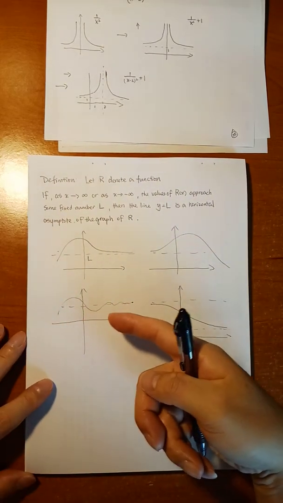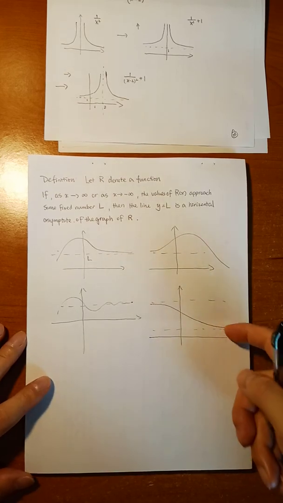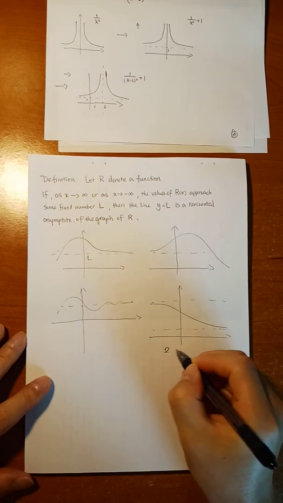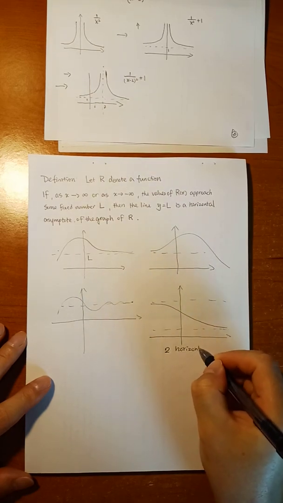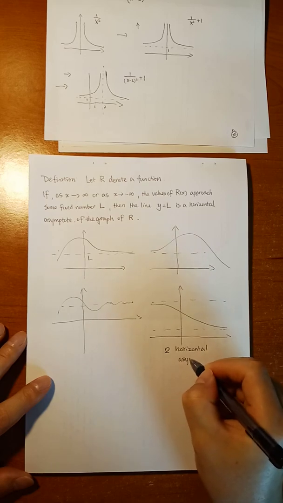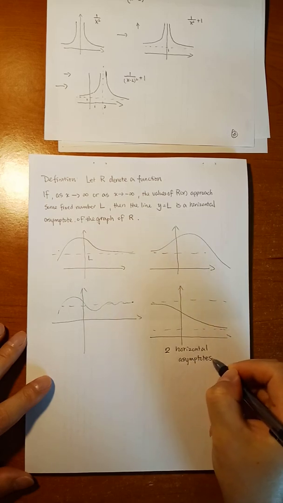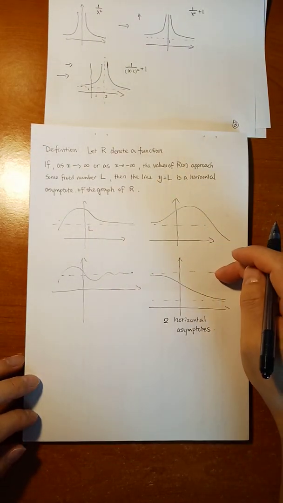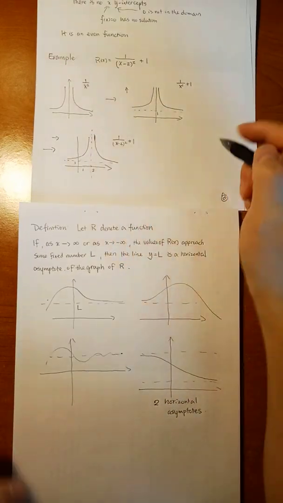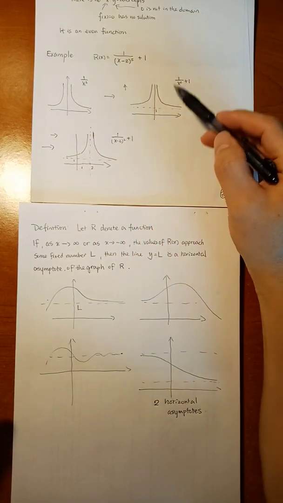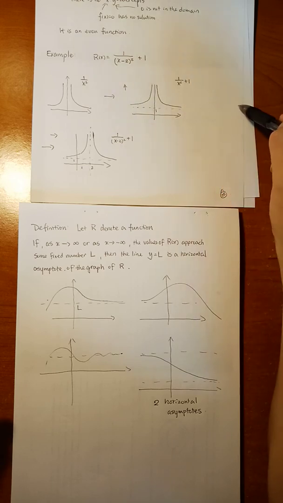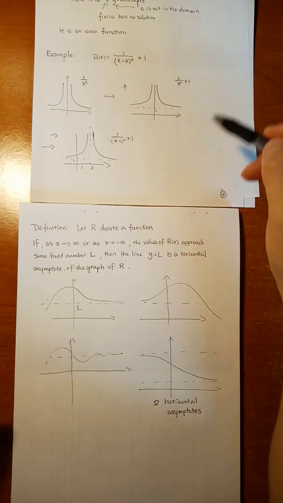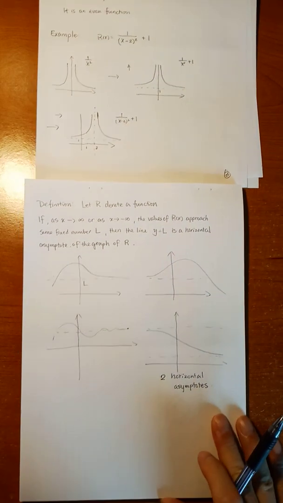To the left, you have one L. To the right, you have the other L. In this case, you will have two horizontal asymptotes. Here we just mentioned there's one. And in this example, it doesn't matter whether x approaches positive infinity or negative infinity, you only have one. This is just one case. Here you have two. Okay.